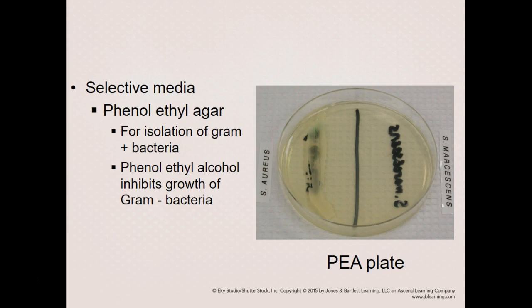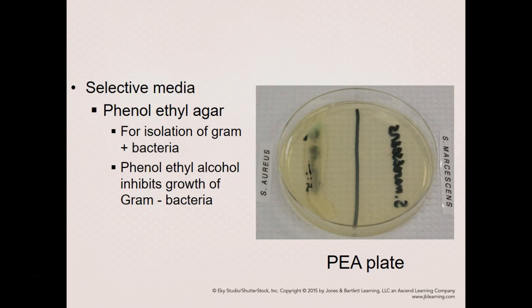The phenyl ethyl alcohol inhibits growth of gram-negatives, so gram-negatives don't tend to grow. So if you have a mixture of bacteria and you're trying to isolate gram-positives, you can use phenyl ethyl alcohol agar, and it might grow just what you want.